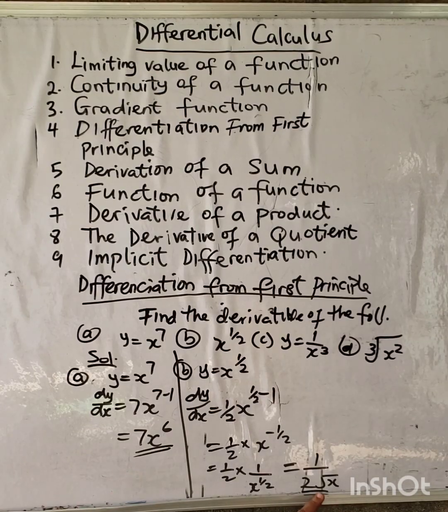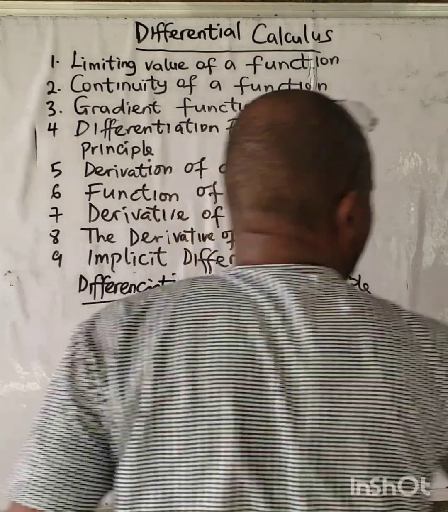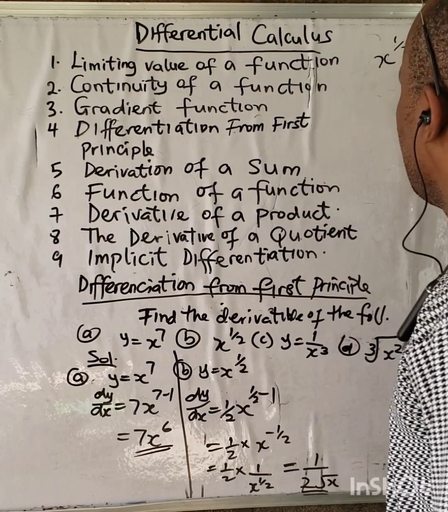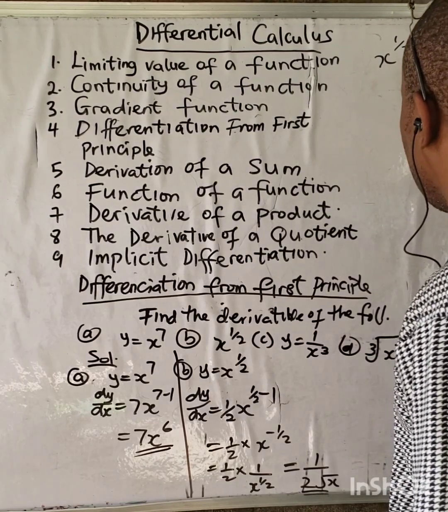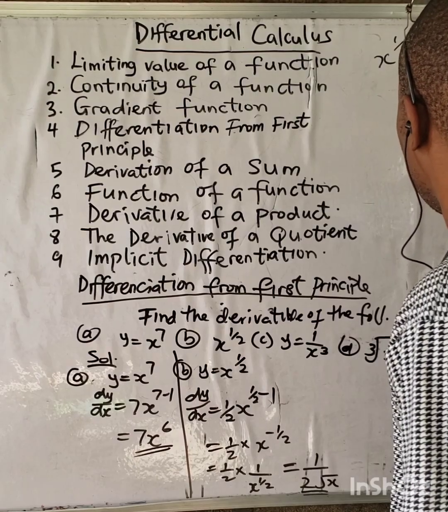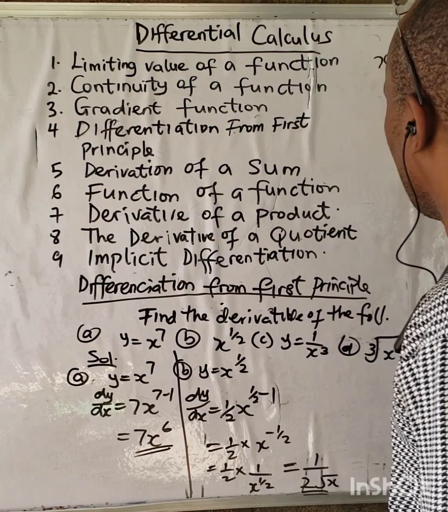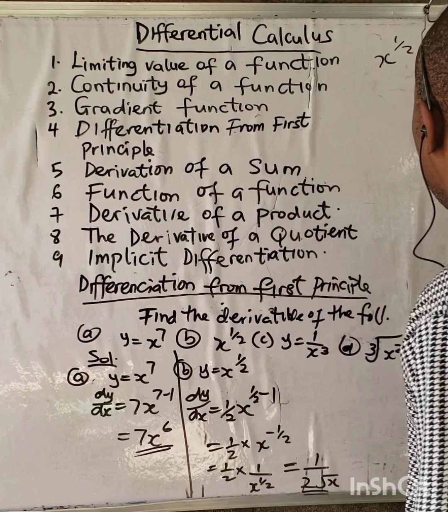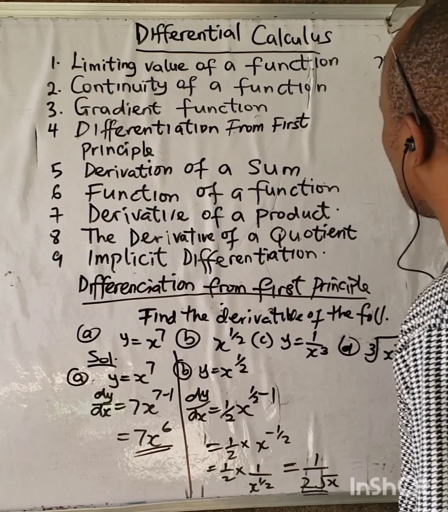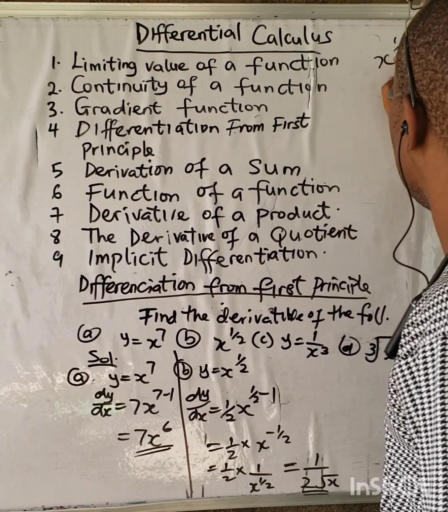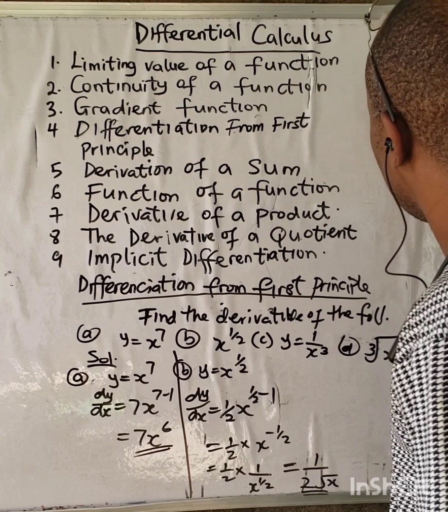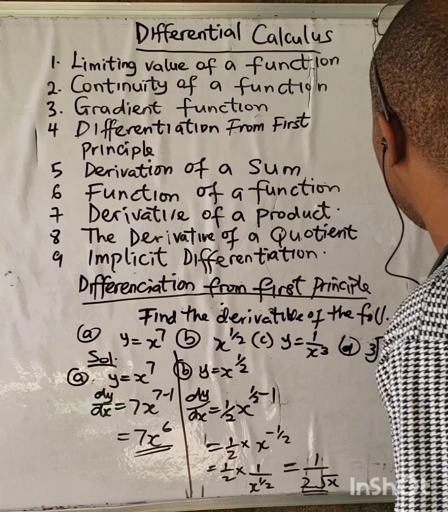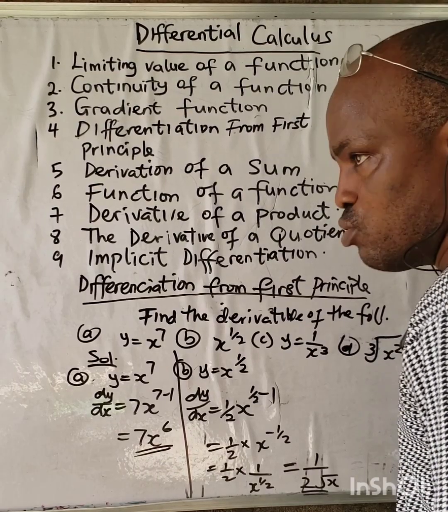Do you know how this one becomes root x? When we have x raised to power half in indices, the 2 here will become the root index, and the 1 will become the power. That's why 2 means square root. But if the question is like this, 1 all over 3, the 3 will be here, this is the cube root.